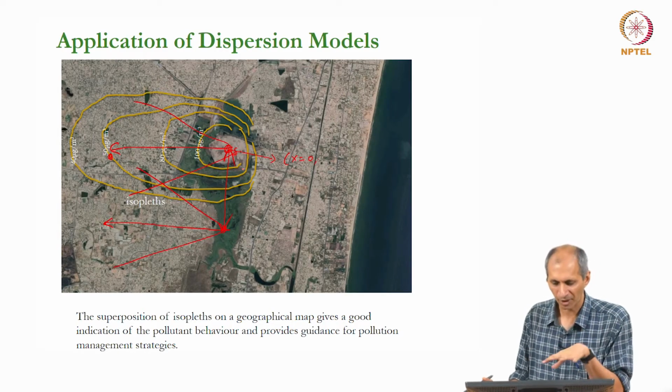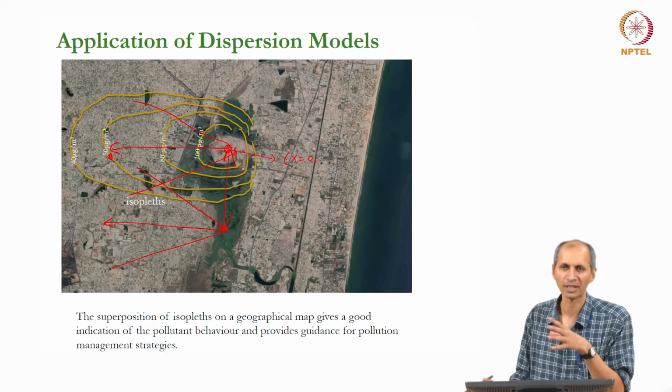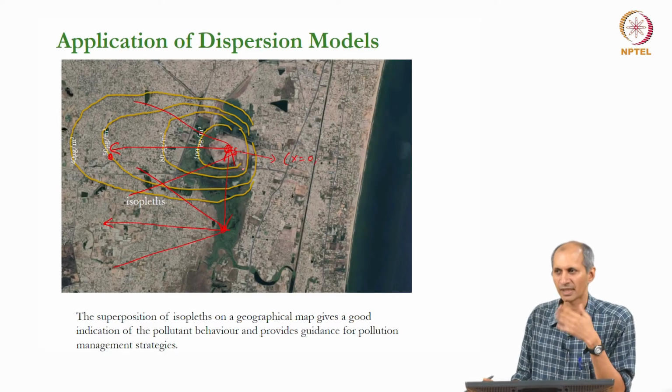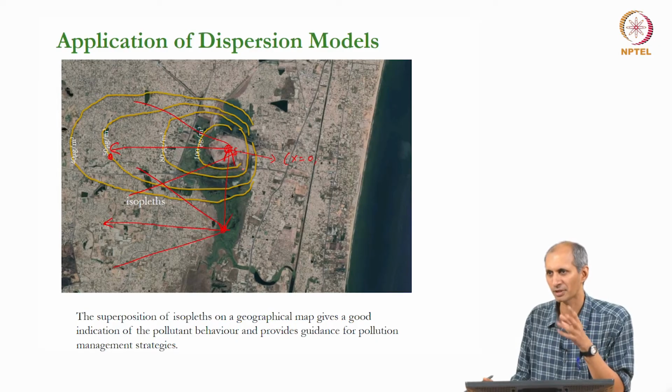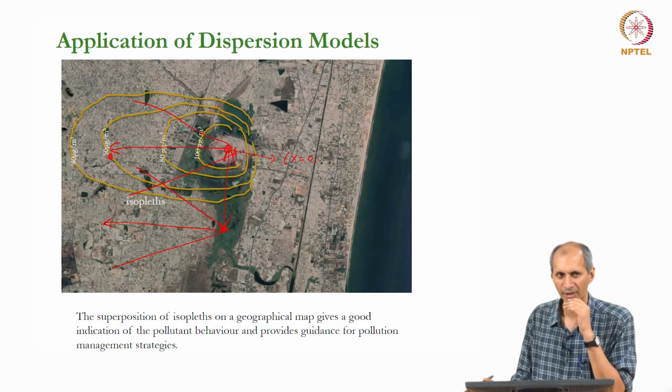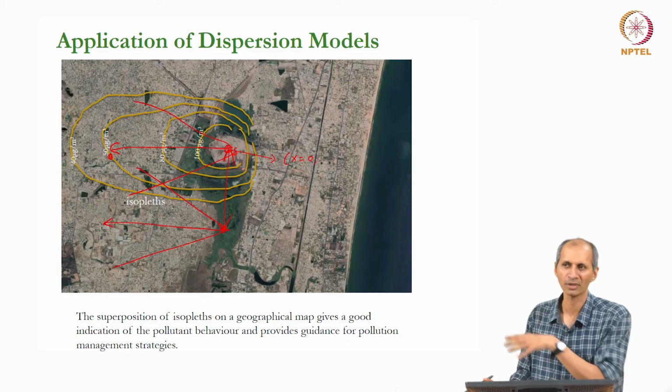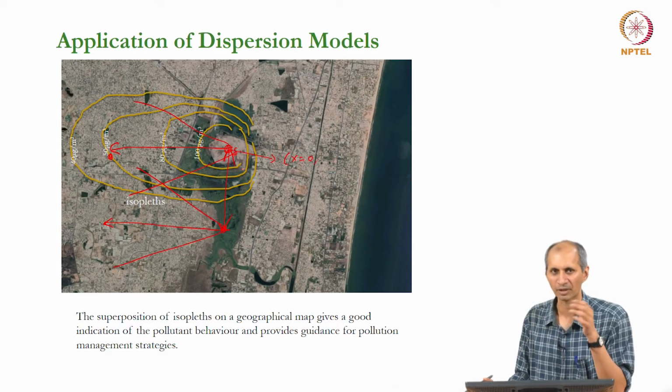The problem with all environmental modeling is that it depends on the amount of data you have. If I have real time velocity measurements which are changing, I can apply them as and when it is happening. It is like weather forecasting, because in weather prediction you are predicting wind speed and temperatures and all that.